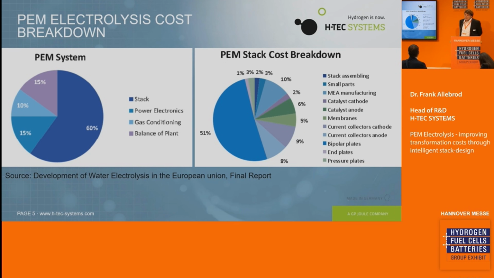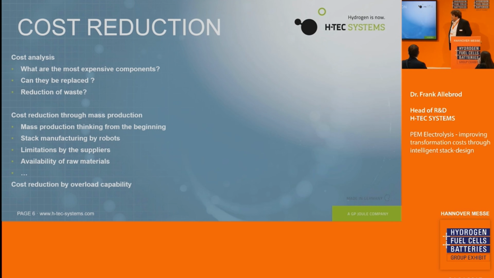that we see it. But when we have such a cost breakdown, we can think about what will we do to reduce those costs. Of course, first we ask ourselves what are the most expensive components. If we have identified them, we can of course say, let's reduce the costs on them. Can they be replaced? Do we really need them? Or can we reduce the waste, which is actually a very nice possibility to reduce cost.